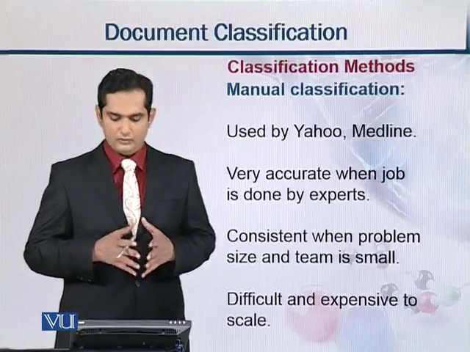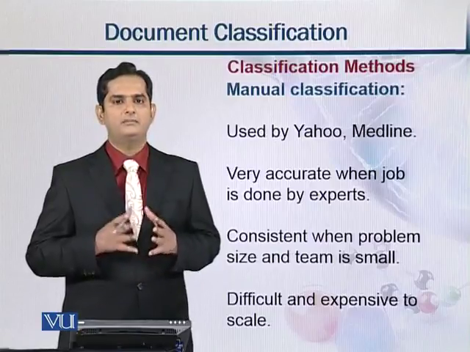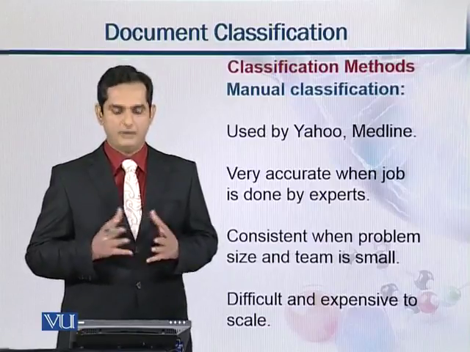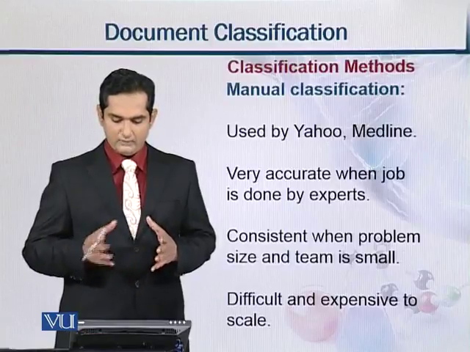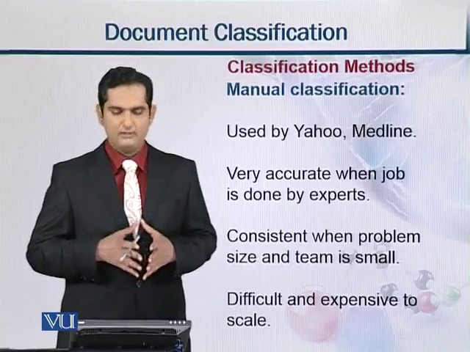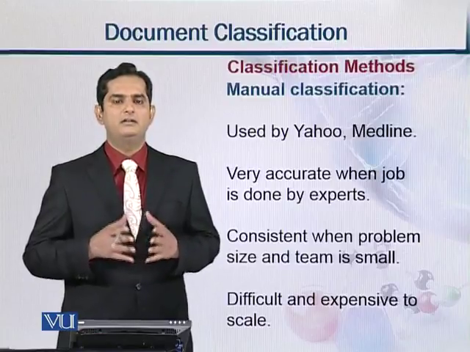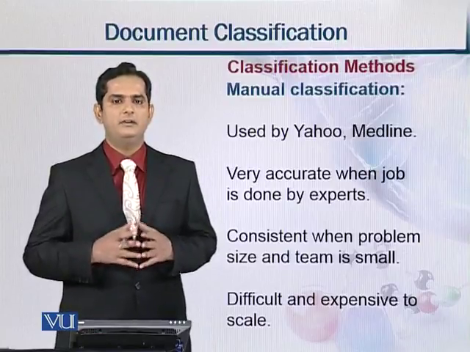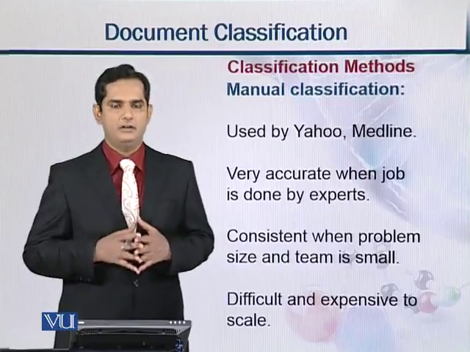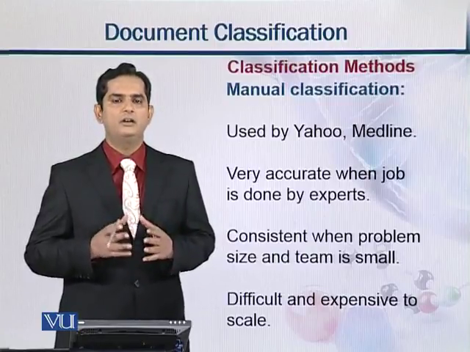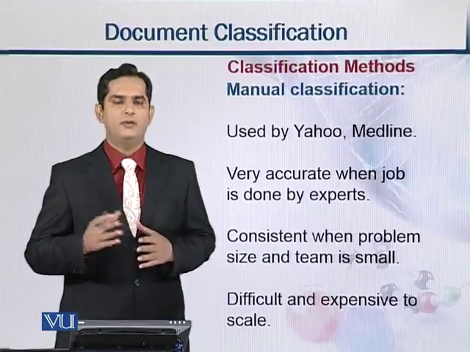It is very accurate when experts are available, and it will perform very well compared to automatic classification. It is consistent when the problem size and team are small. Whenever the problem size increases, it becomes inconsistent. And it is difficult and expensive because human involvement is required all the time.